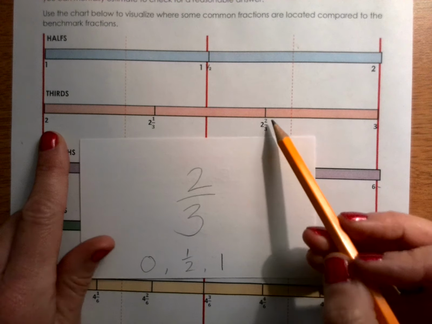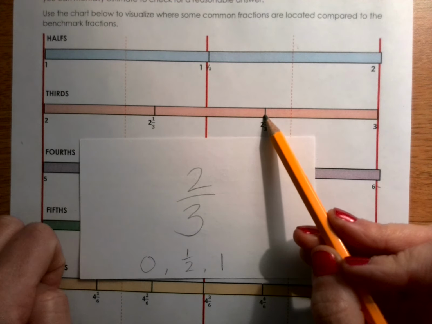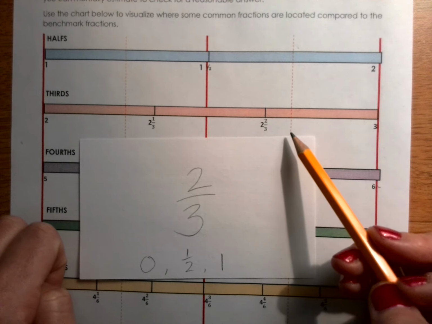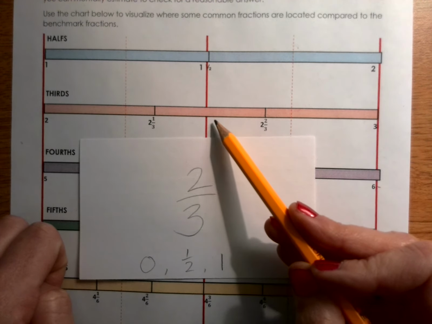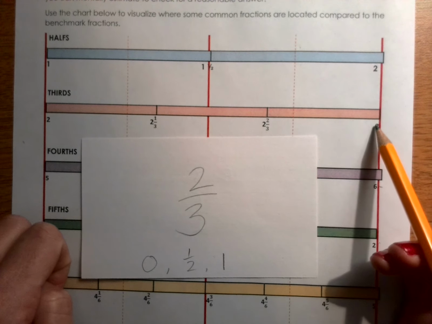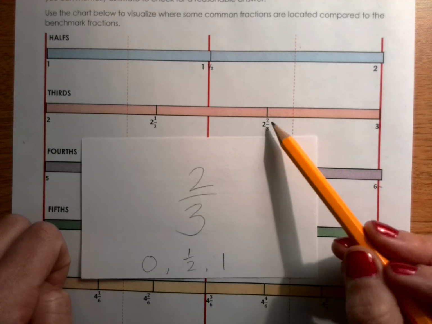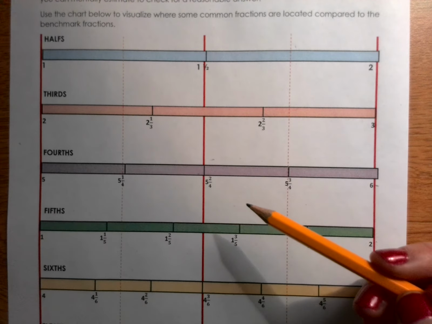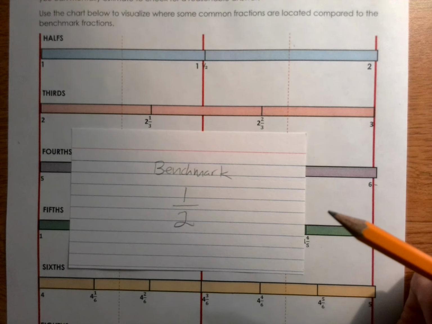Which one is 2/3 closest to? So I have this line here to show you halfway to know if it's going to round down or if it's going to round up. So in this case, which one would it be? You would round down, so the closest benchmark is a half.